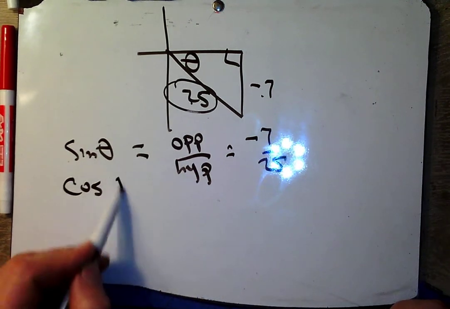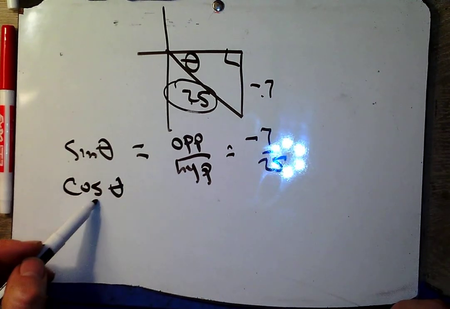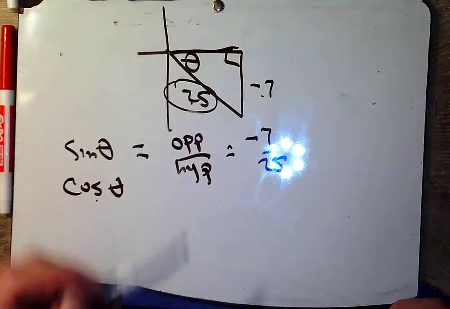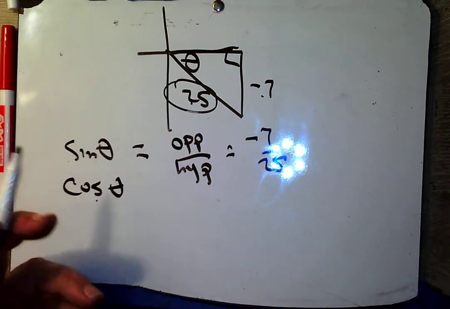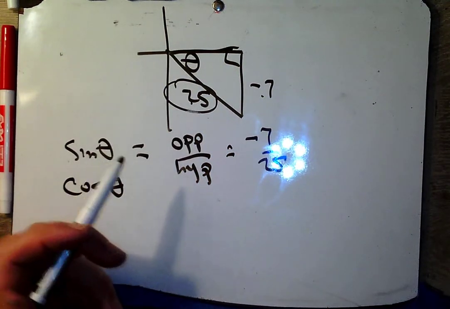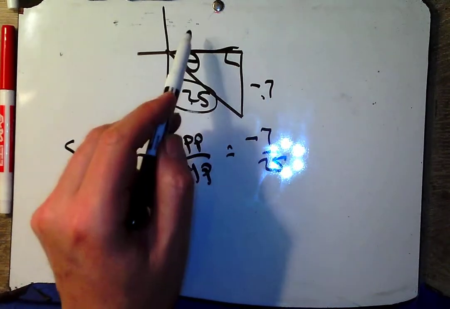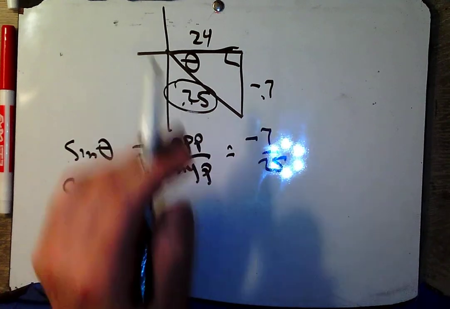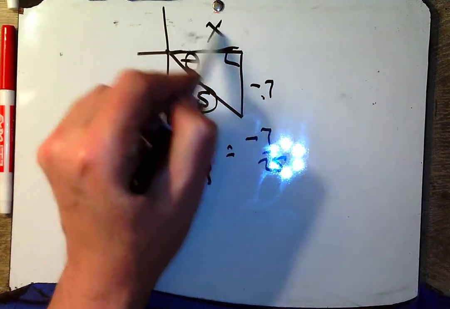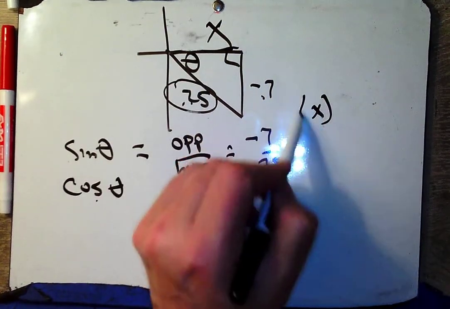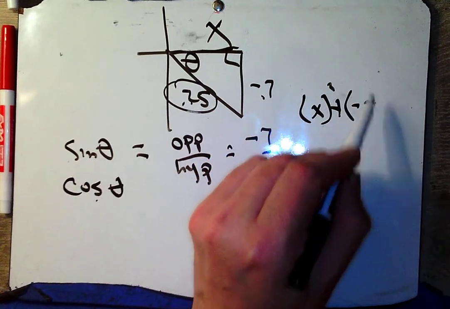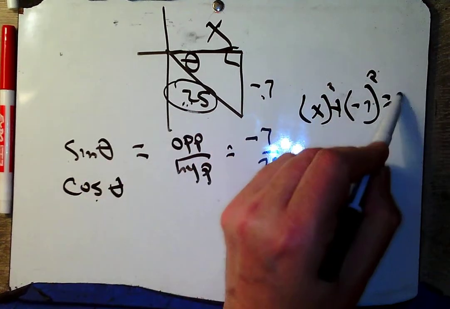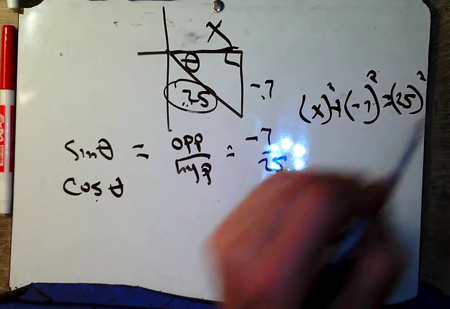So what about cosine? Well, in order to find cosine, I need this adjacent side. How can I find that? Well, if you're comfortable with your triples, you know there's a 7, 24, 25 triple. And if you're not comfortable with your triples, then you're going to have to go the long way and say x squared plus -7 squared should equal 25 squared.